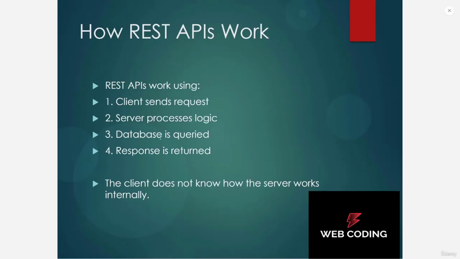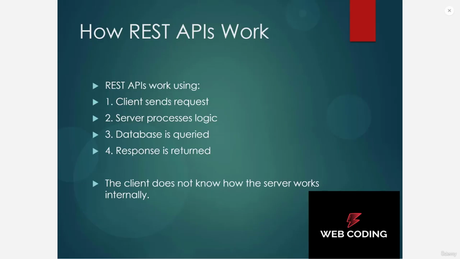So how do REST APIs work? They work like this: the client sends the request, the server processes the logic, the database is queried, and then the response is returned. This is simply the life cycle, whether it's inside a mobile app or even Postman. We provide a URL and choose a certain type of HTTP method.